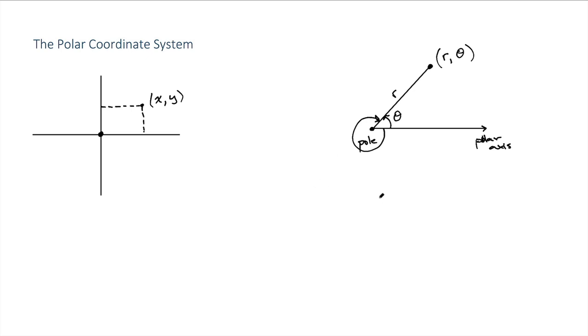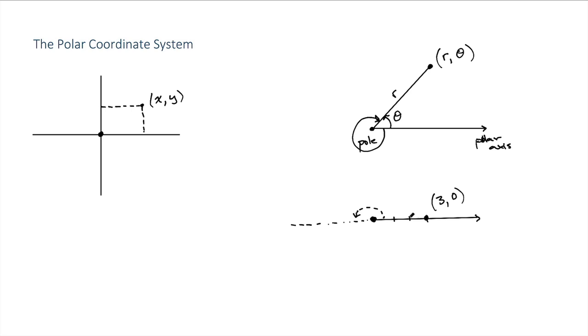Okay, so for example, I'll have a very simple example here. Here's my polar axis and my pole. If I were to look at a point that's out here, at a distance of 3 from the pole, this point I can represent as a distance of 3 at an angle of 0. However, I can also think of it on the opposite side, over here.